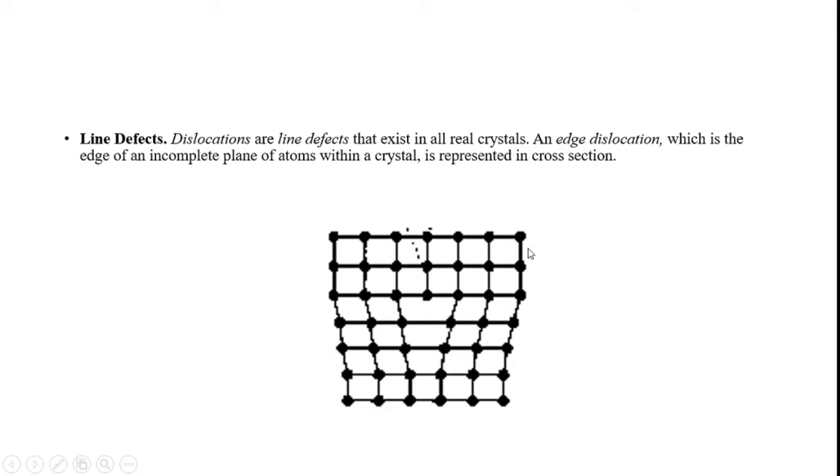Edge dislocation, which is the edge of an incomplete plane of atoms within a crystal, is represented in the cross section below. So when this type of atoms enters the normal real crystal structure, it may cause dislocations. Line defects in crystal structure are also important.